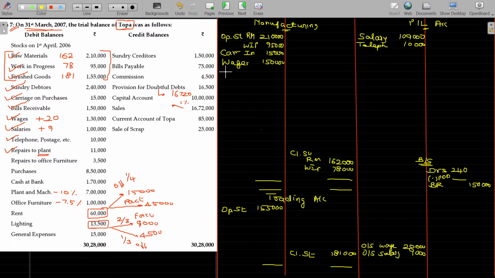So repairs to plant, the value being 11,000. Repairs to office furniture. Office will be an item of administration, so debited in the P&L account. Office furniture, the value being 3,500.